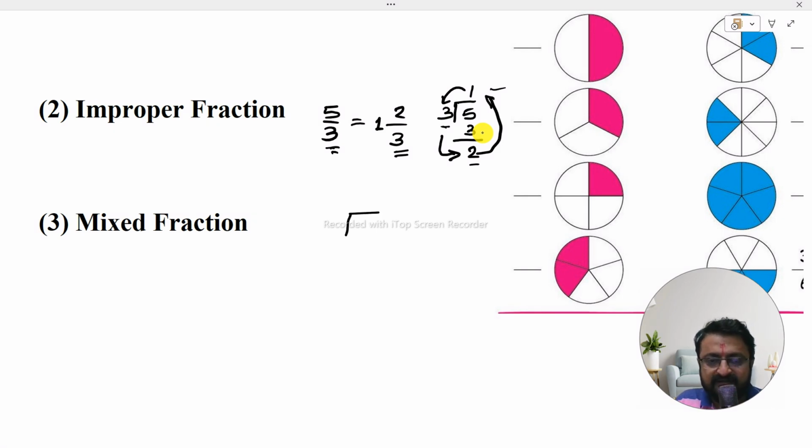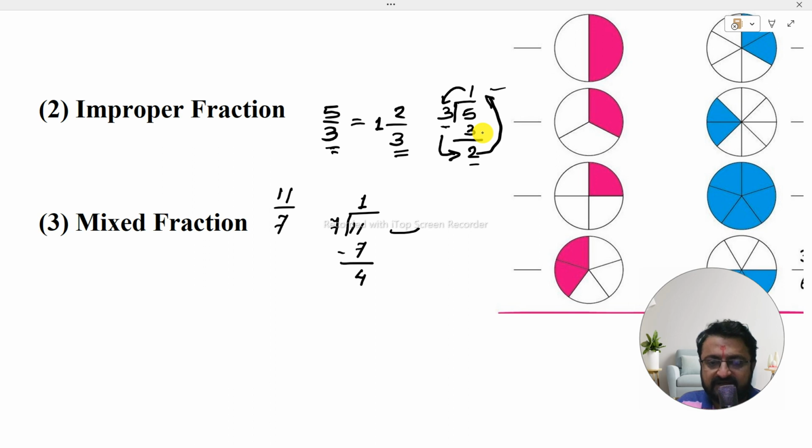Now I will give one more example of conversion from improper to mixed fraction, like 11 upon 7. Write down 11 divided by 7. Now pick the table of 7. 7 ones are 7 and 7 twos are 14. 14 is bigger than 11, so I will take 7 ones are 7. Now subtract 11 and 7.